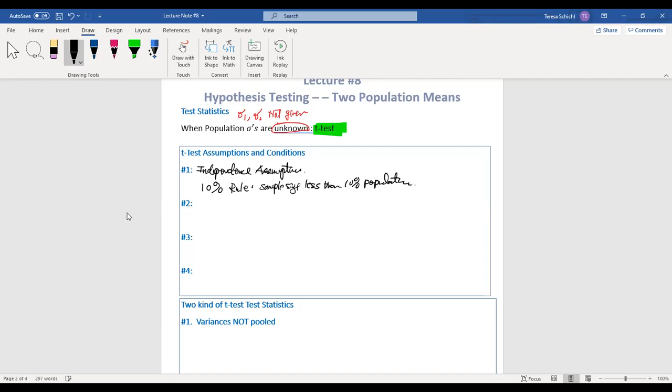You don't want, if you have a small population, to take 50% of the population as your sample. That is what you try to avoid: if you have a very small population and then you take a very large sample, you are going to bias your test results.